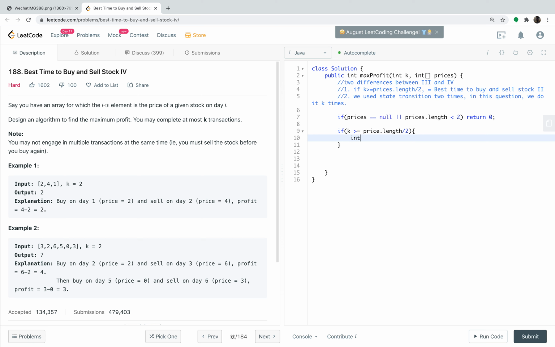In this case, we can just do as in best time to buy and sell stock number 2. We set a profit variable and do the for loop over the prices array.